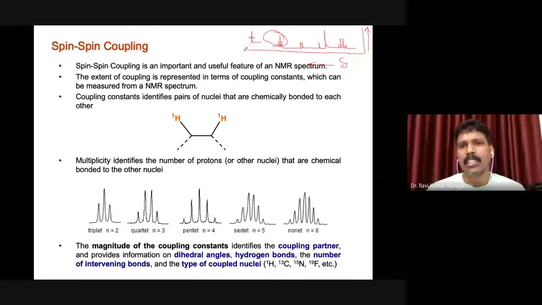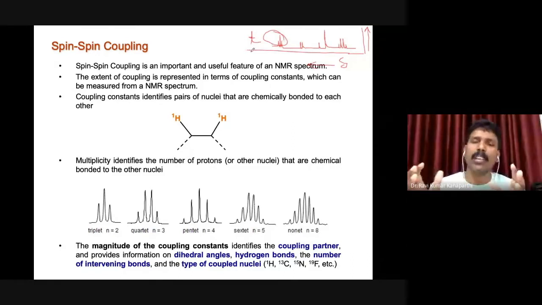If you expand this triplet and see the spacing between these lines, that is what we call the coupling constant, right? How much they split, whether a little or more. That is what I mean: the extent of coupling is represented in terms of a coupling constant.